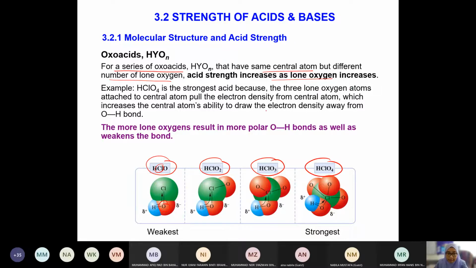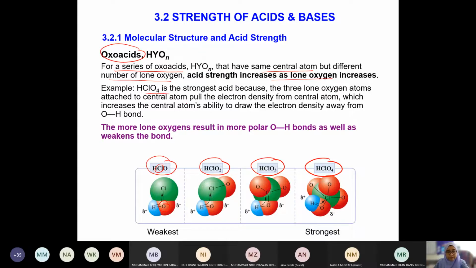So lagi banyak oxygen atom present in acid, okay, for oxo acid, we are talking about oxo acid, the stronger the acid become. Okay, for example, HClO4 is the strongest acid because there are 3 lone oxygen atom attached to central atom.